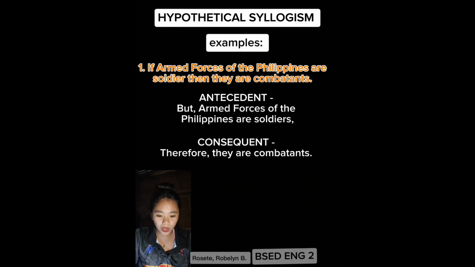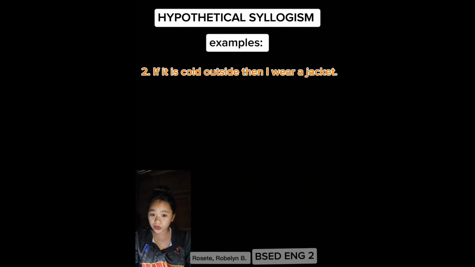Again, to understand the hypothetical syllogism, I'm going to give more examples. Here is another example: if it is cold outside, then I wear a jacket. That is our major premise. The antecedent is the sentence "if it is cold outside," while the consequence in the major premise I gave is "then I wear a jacket."